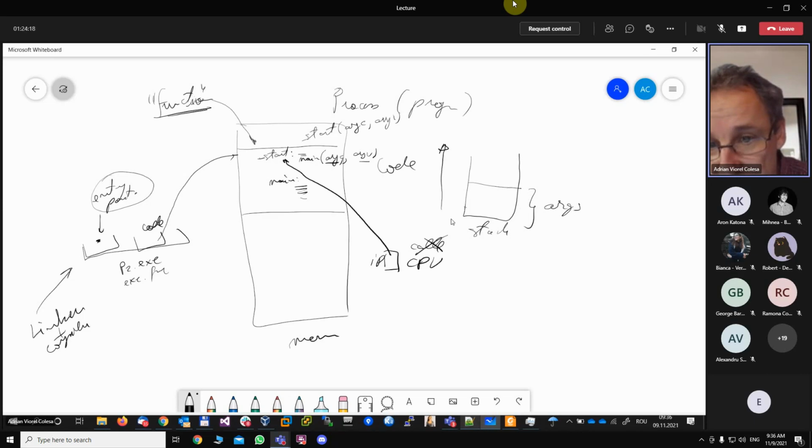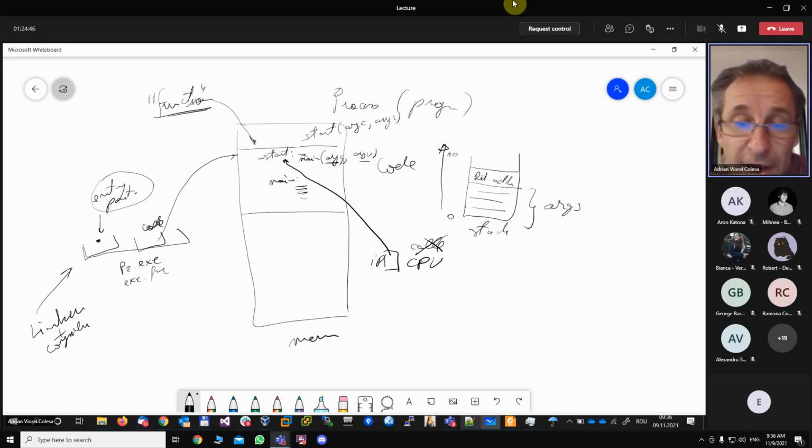Just to be very short, here are small addresses, and here are larger addresses. Then arguments, more arguments. Then, supposing a call was performed for going to that function, we know that the CPU automatically placed here the return address. So the return address is expected to be here.